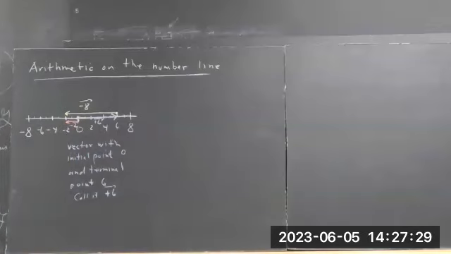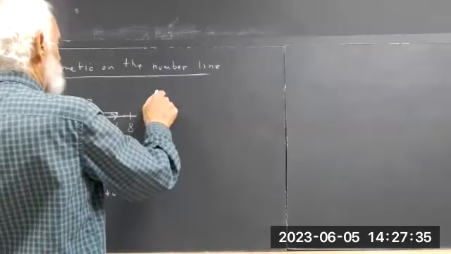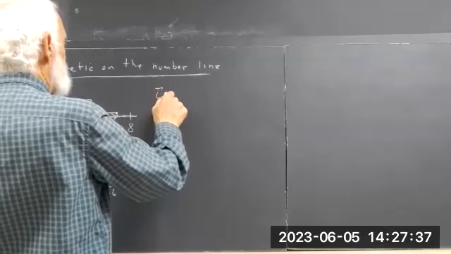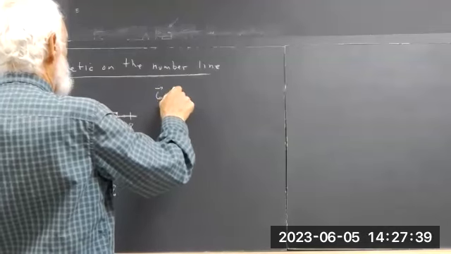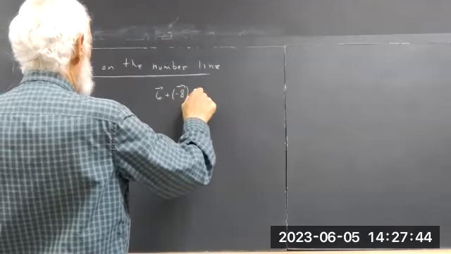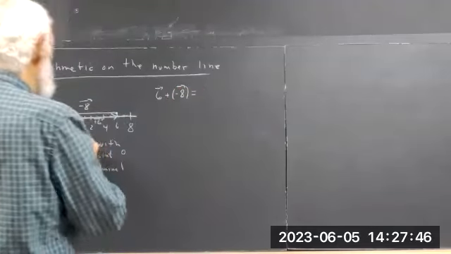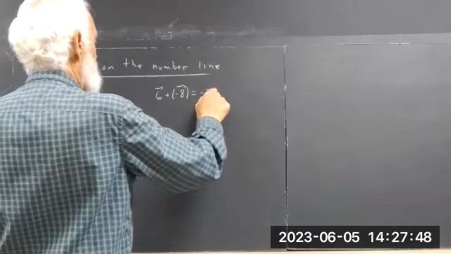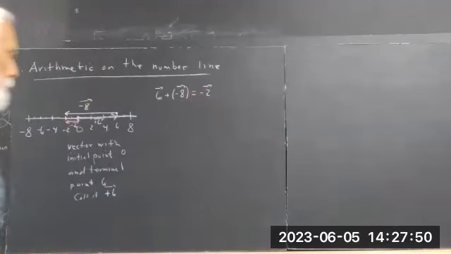So we can say that vector 6 plus the vector -8 is equal to the vector -2.